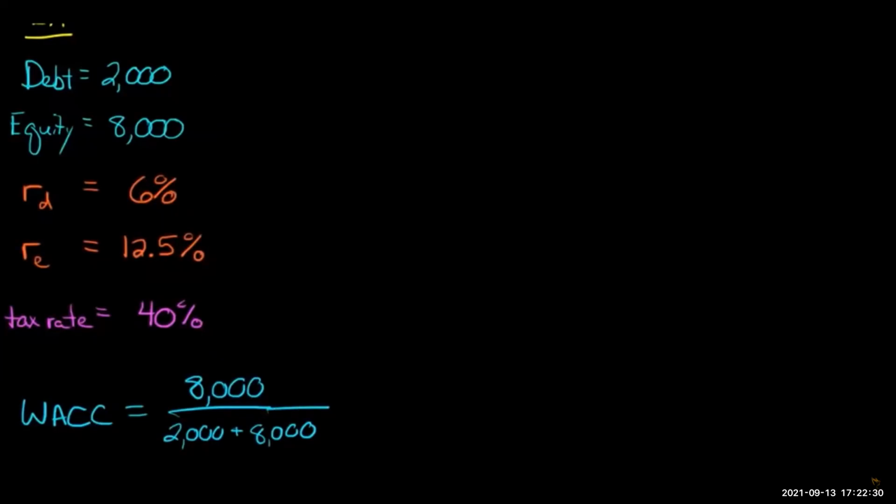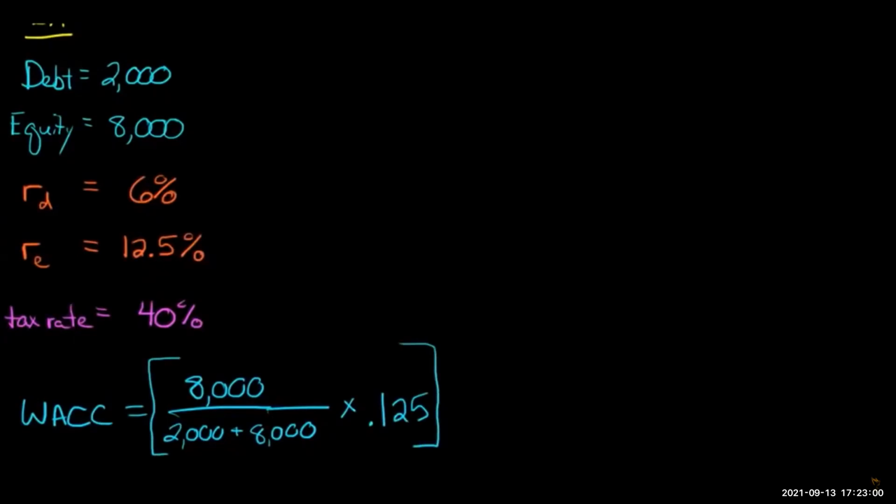So to get the proportion, we take 8,000 and divide it by that total. What we're seeing is that 0.8, or 80%, of the financing is coming from this equity source. But now we have to multiply this by the cost of equity, which is 12.5%, the same as 0.125. So now we've got the equity component.